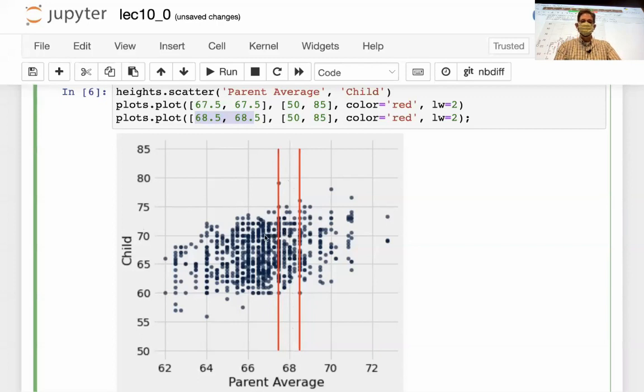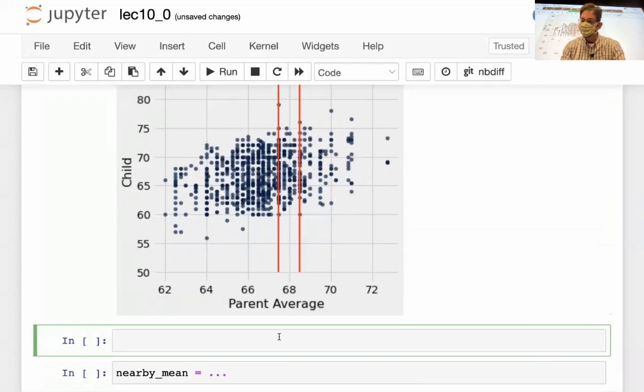So this is interesting. Maybe the thing we could do to predict is just ignore everybody outside of these two bars and ask ourselves, well, what's the average height of a child from parents whose average height is about your average height? What's the math look like?